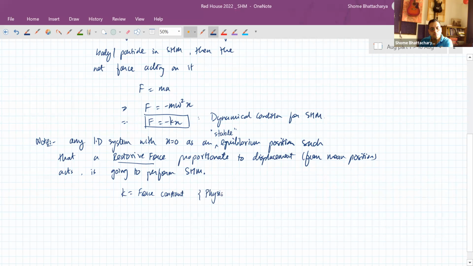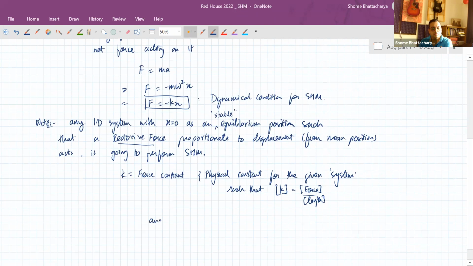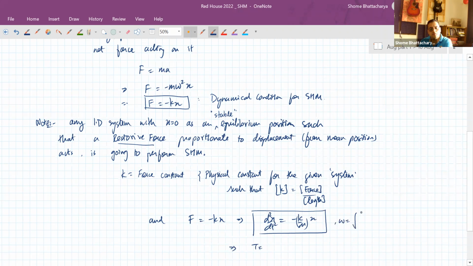It is a physical constant for the given system, such that the dimension of K is dimension of force per unit length, and so the time period of oscillation is inversely proportional to the square root of this force constant.